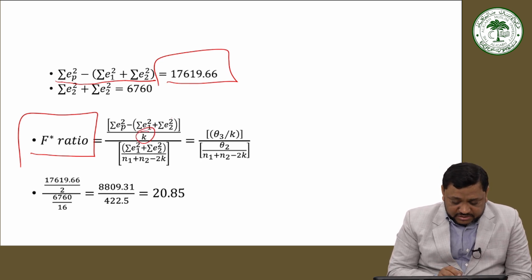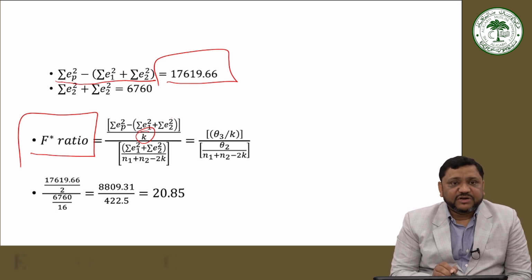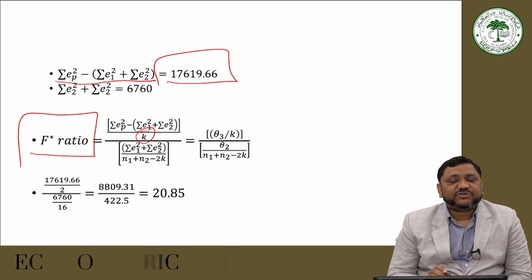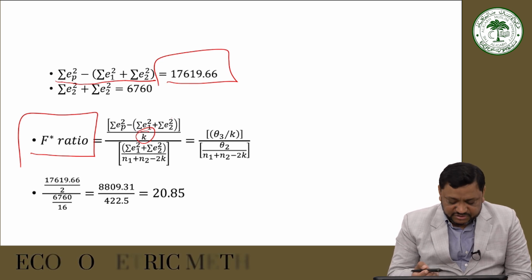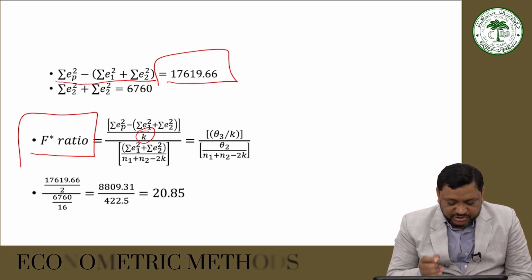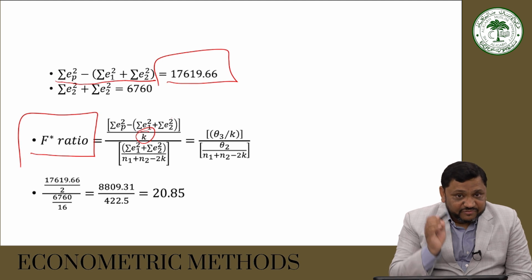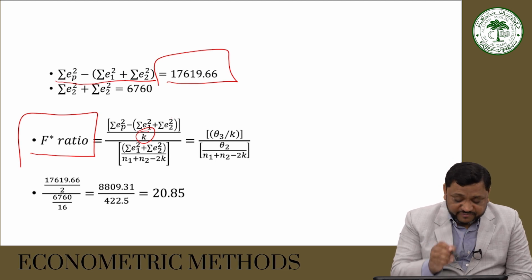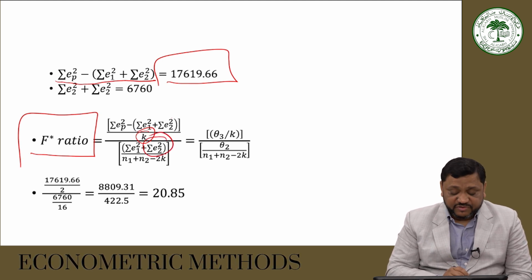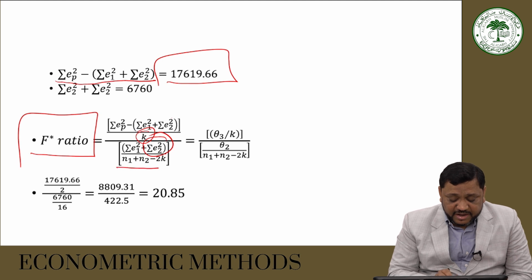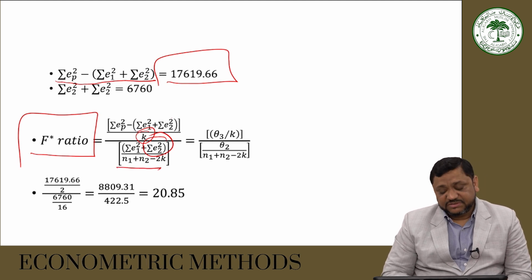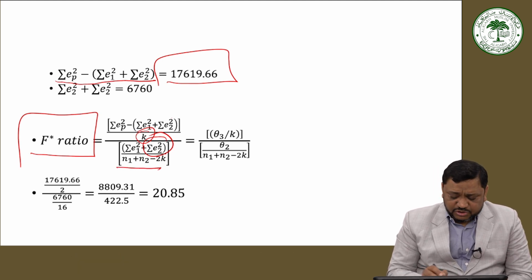In the denominator, we take summation e1 square plus summation e2 square, the sum of the errors of the first sample plus the sum of the errors of the second sample, divided by n1 plus n2 minus 2k. The same thing, we ignore this at the moment.